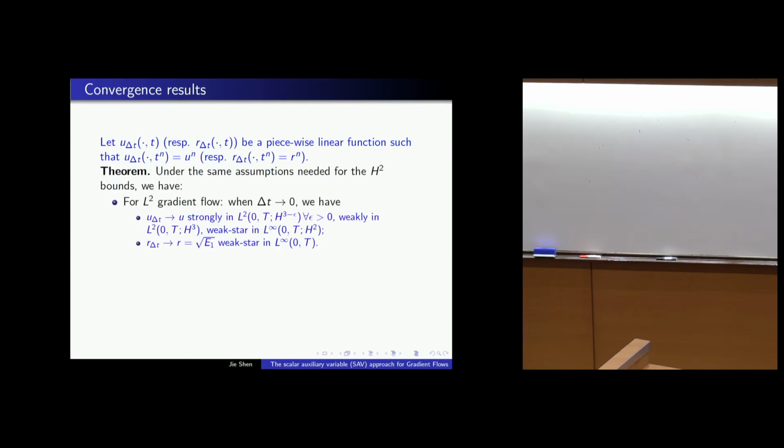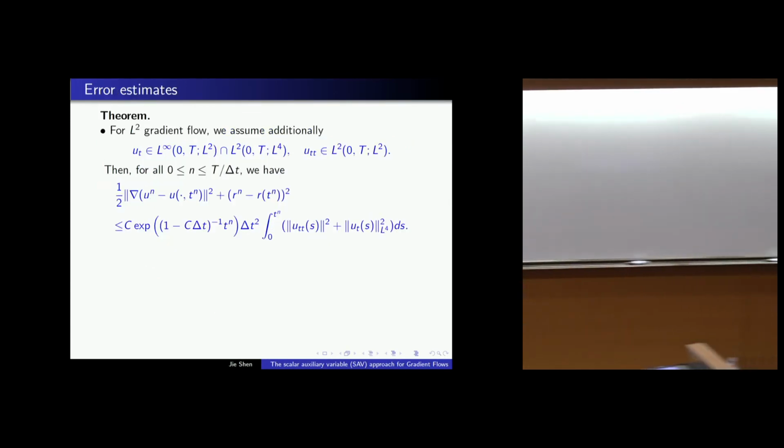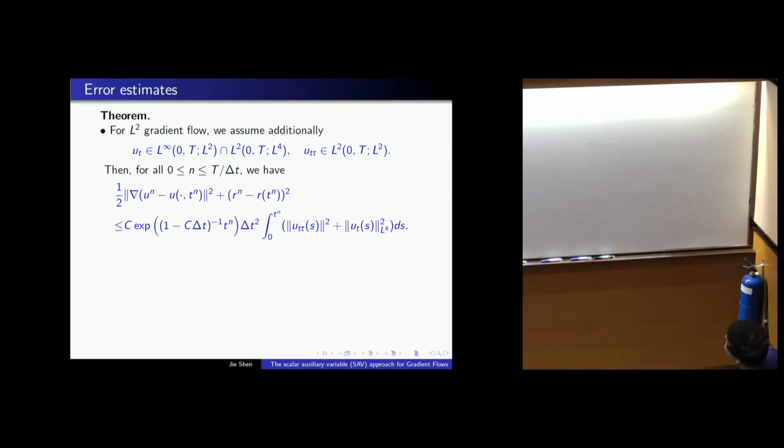Okay, once you have that, then you can prove convergence. So you have your discrete value at time step n, and you can make up a time-dependent function by piecewise linear or piecewise constant functions, and then you can prove those made-up functions will converge to your exact solution in quite strong norms, which I'm not going to focus on.